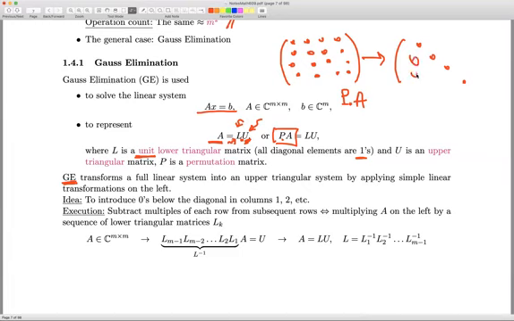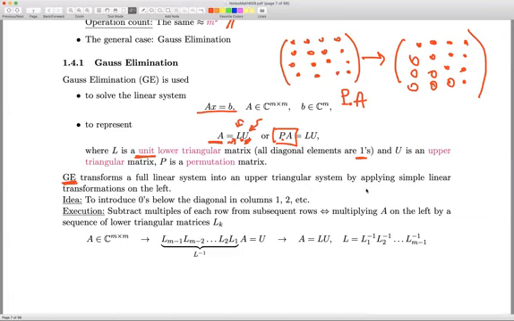Everywhere below the main diagonal we have zeros, and above the main diagonal we may or may not have zeros, but on the diagonal we are not going to have zeros. So Gauss elimination transforms this whole system into an upper triangular system.